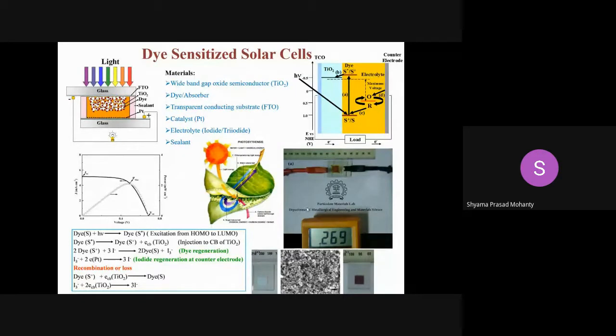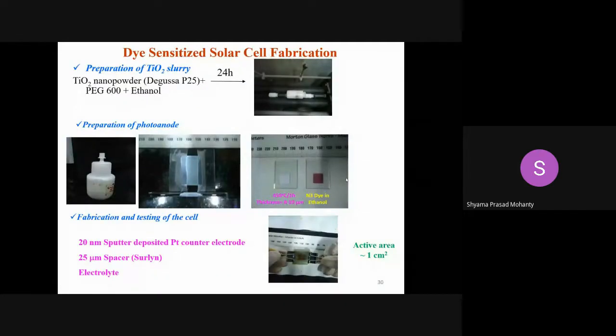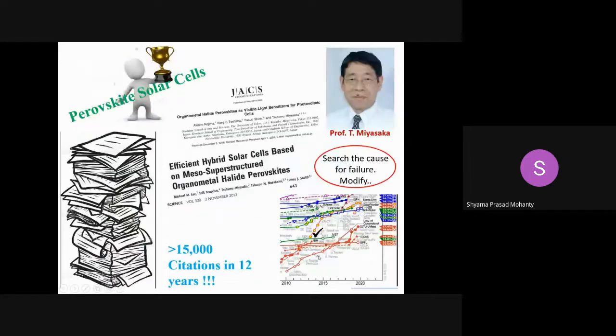This has also been shown here, showing some voltage under normal light, meaning tube lights. This is how the cell can be fabricated. You can prepare a paste or slurry of TiO2, coat it, then sensitize it with dye. Then you can have the platinum counter electrode, which can be sputter deposited. Then you can use some polymers to seal the cell, and the electrolyte is filled in.